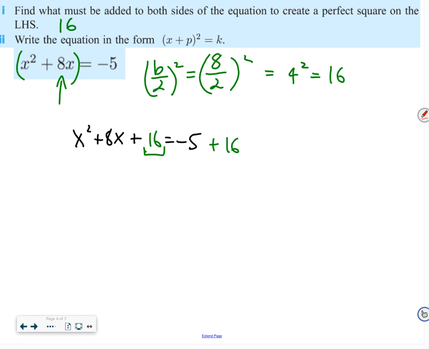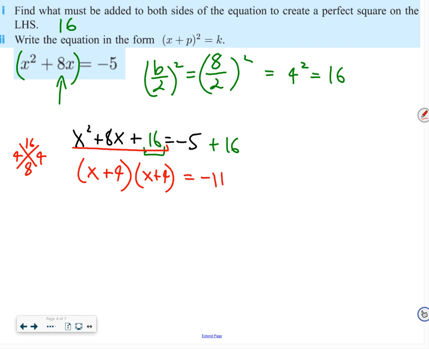Now if I look at this quadratic, I do my a times c, and I get 16, and I get 8, and they should be a perfect square, 4 and 4. So I get x plus 4 times x plus 4 is equal to negative 5 plus 16, which is negative 11.